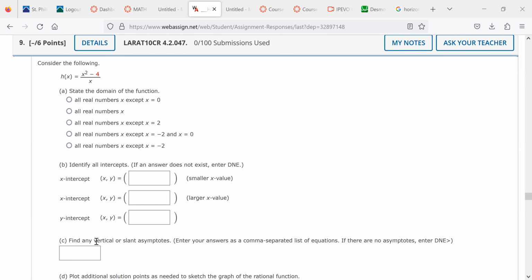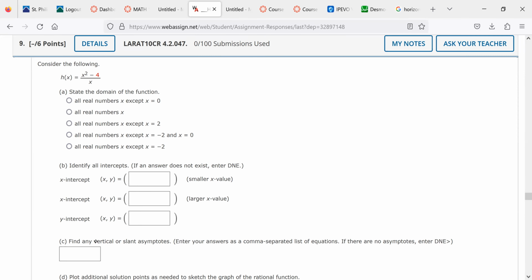Okay. So let's do this guy. First things first. What value can we not use? Yep. So the domain would be everything except that one number. X-intercept, we'd have to solve it.